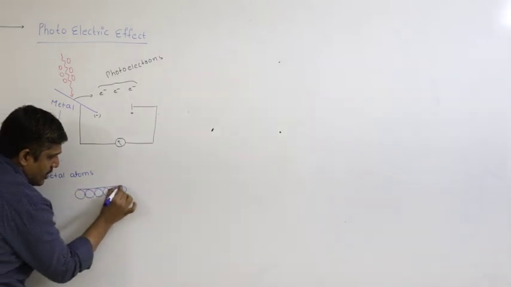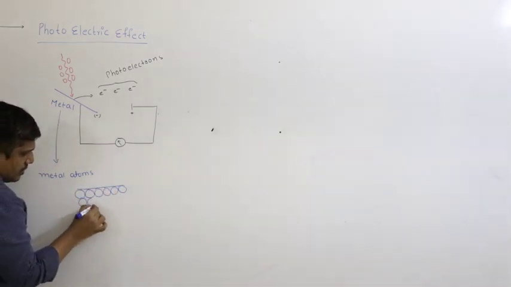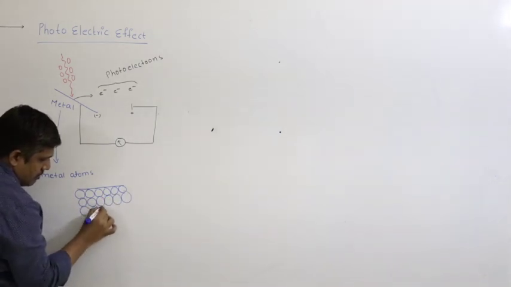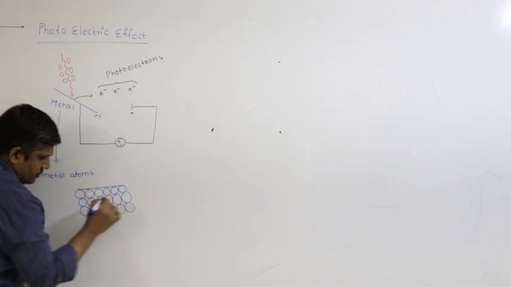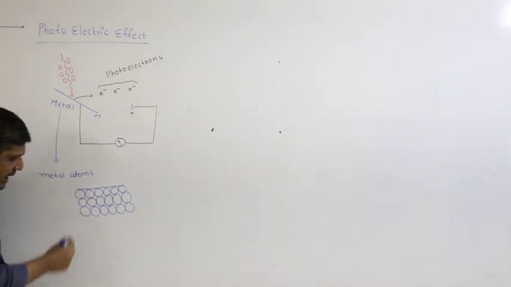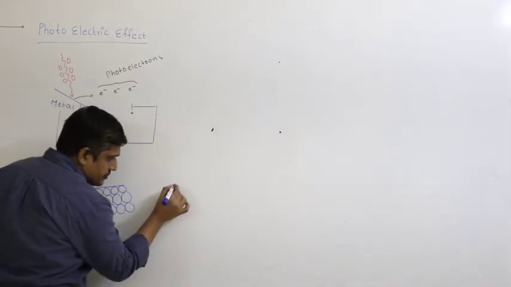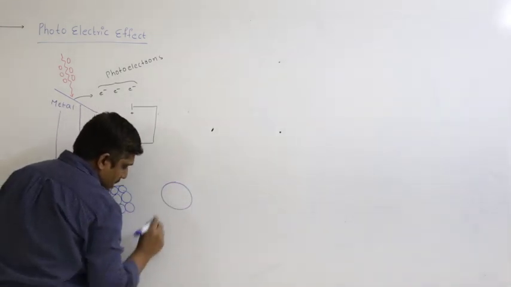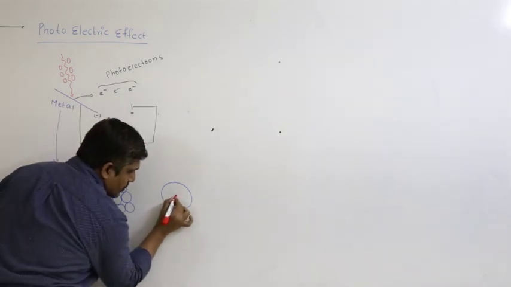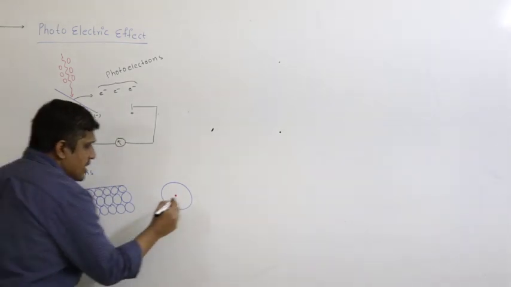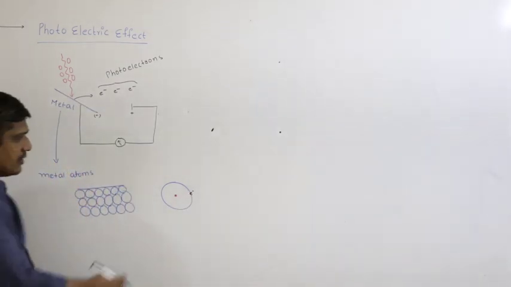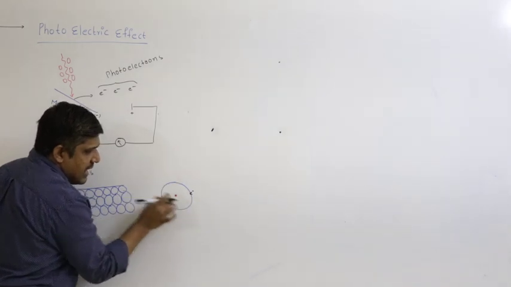This is the surface of the metal. All these are metal atoms. I am taking one single atom, right? So you will have nucleus at the center. Say this is a valency electron. Valency electron, nucleus, atom.